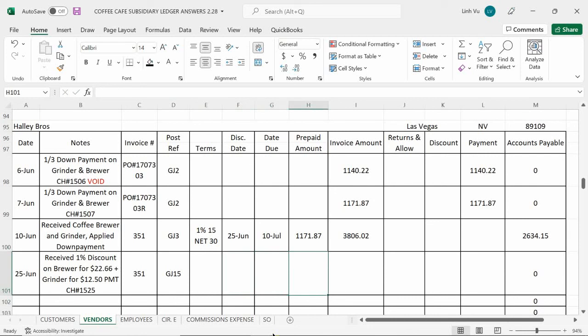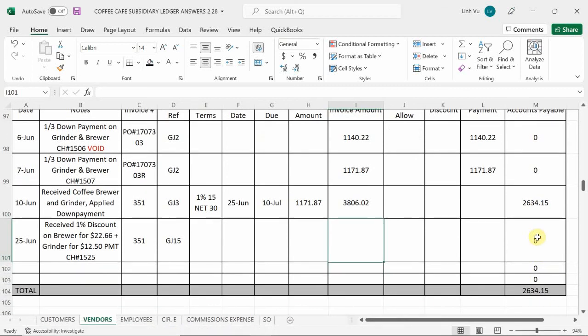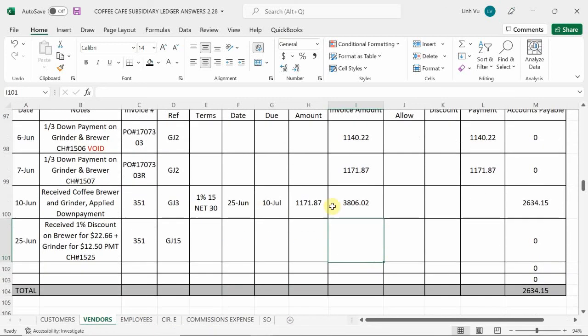So in this case, right, no advance payments, obviously. Okay. Right now we owe 2634.15, right? Exactly what we said. But in this case, right, we had a discount, right? We got a discount.